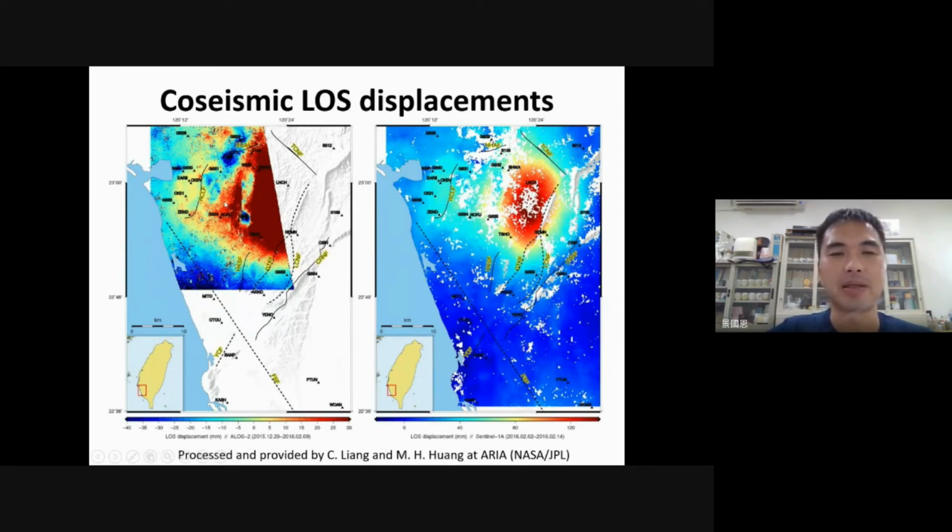Based on the D-InSAR calculation, I guess all of you already know the theory, the concept of D-InSAR, then we could get these two patterns. Because this result is line of sight displacement, first we could know the displacement is high in this area, where the earthquake just occurred. Where is the earthquake?